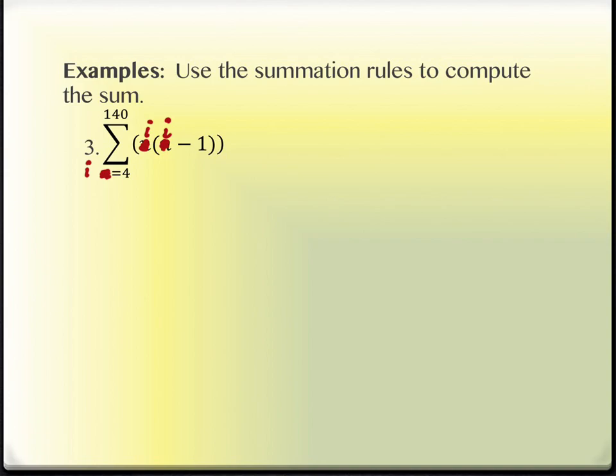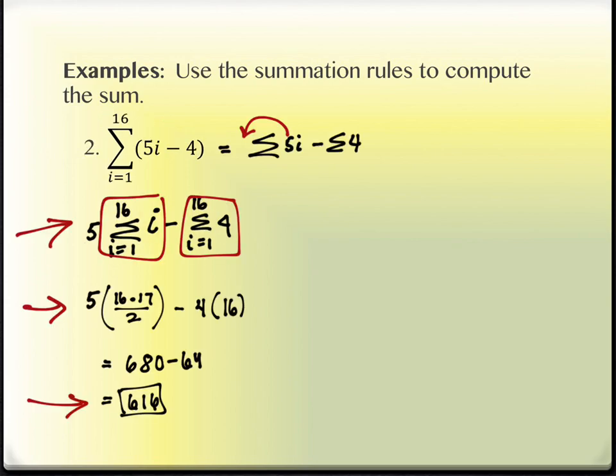There's one more thing that looks a little bit different on this one than the last one. On the last one, it's all added and subtracted with the variable inside, correct?